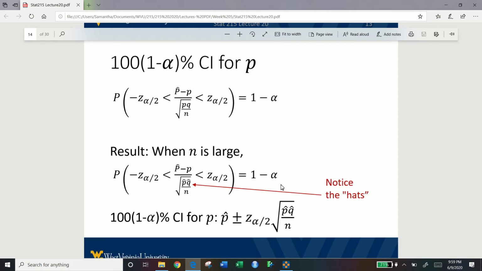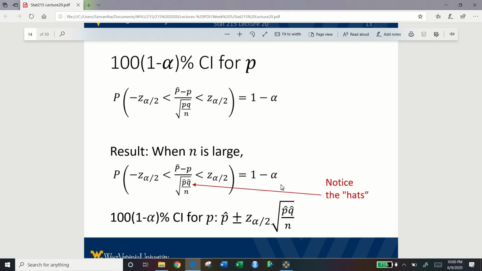The result, when n is large, would be that the probability of negative z alpha over 2 less than p-hat minus p over the square root of p-hat q-hat over n. Notice the hats. That's because we still don't know the true proportion of success or failure, so we estimate using our sample proportion, which would be less than z alpha over 2, equivalent to 1 minus alpha.